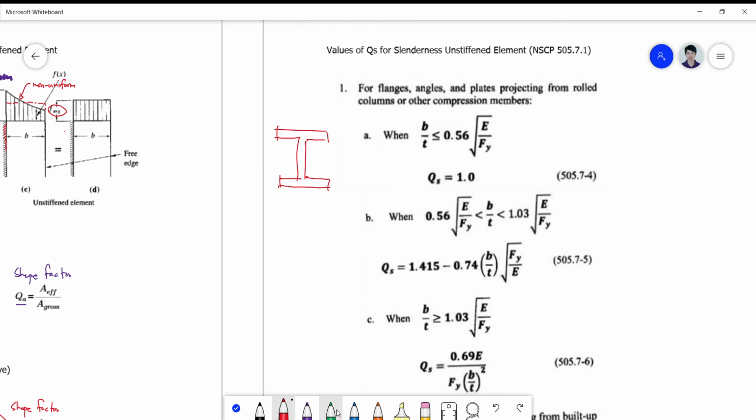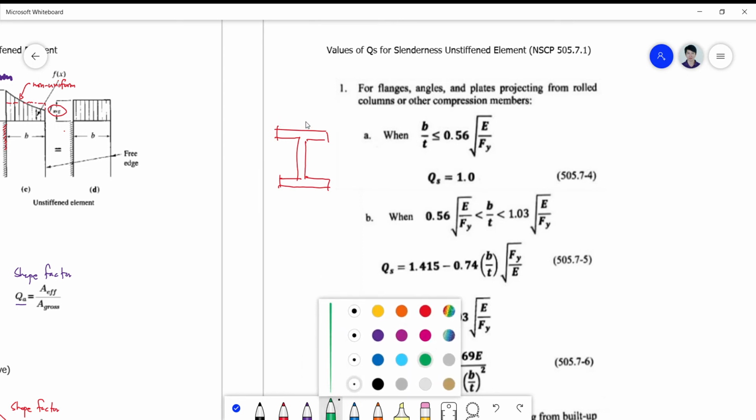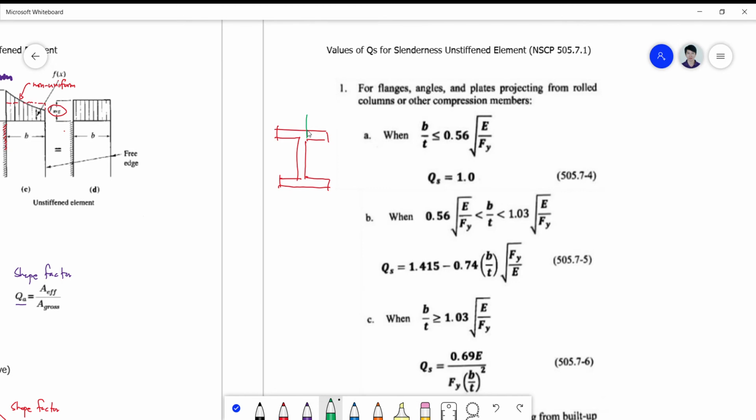When you say projected, this is the plate element in question, so this is the flange of this rolled shape, used normally for columns and other compression members.